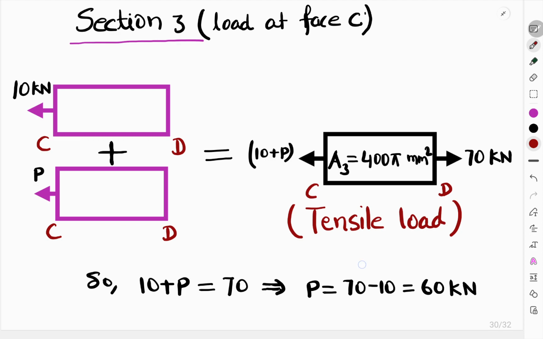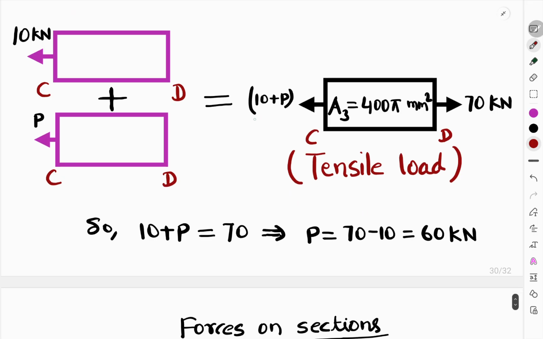So what we will do next, these two forces will be equal, because it's maintaining the equilibrium condition. By making these two forces equal, load P will be calculated as 60 kilonewton.